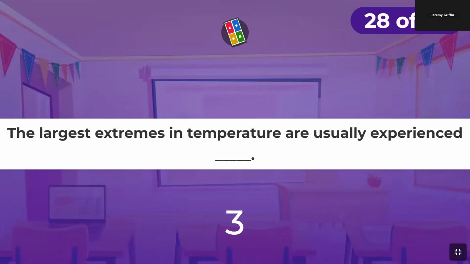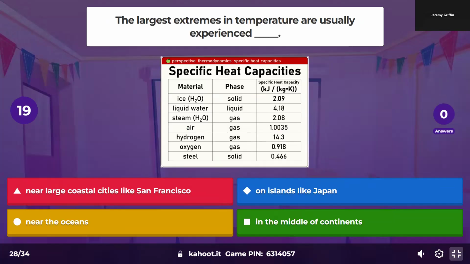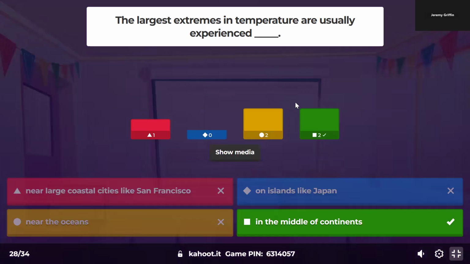Of course, the largest extremes in temperature are usually experienced in the middle of continents.